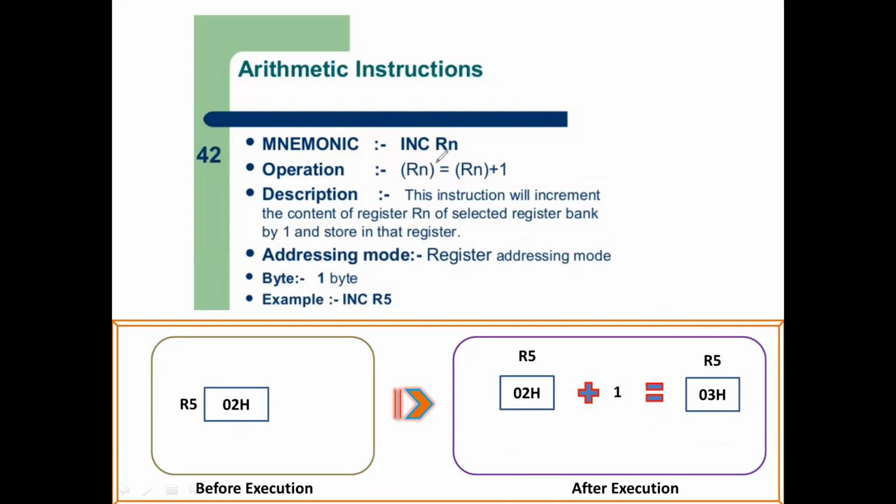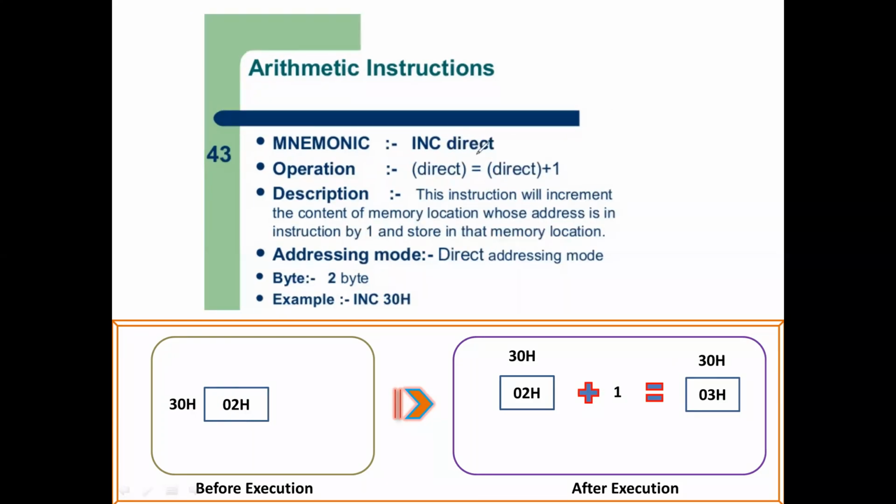Increment Rn, some register value. Whatever the data in the register will be incremented by 1. So that particular register will be incremented, that is from 02 to 03. It is incremented by 1. Like the same, if you see direct, this is the address.